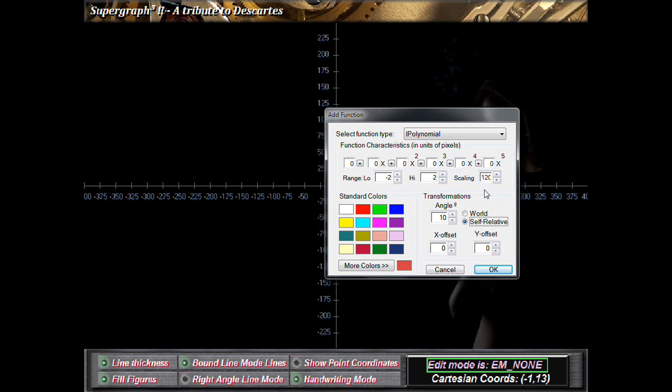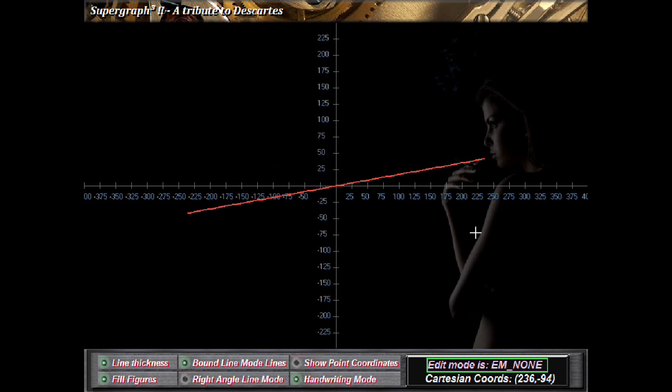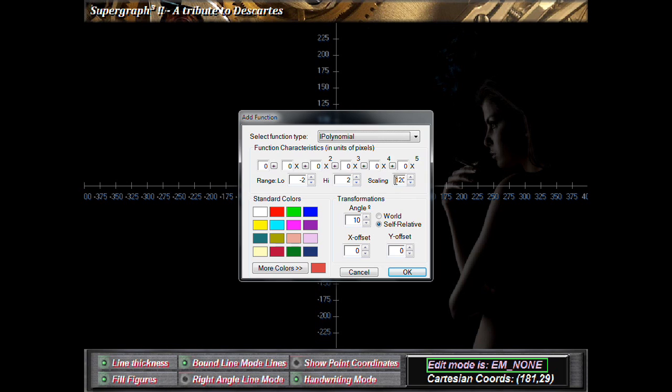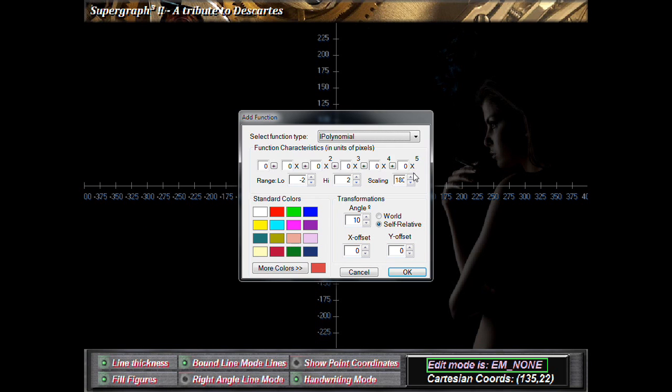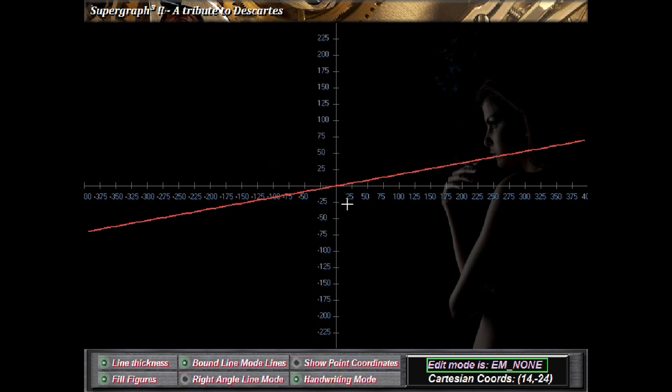Now, 10-degree angle, 120, how big is that? A little bit bigger, maybe 180, bigger. It should be 200 actually, almost 200. Okay, good enough. I'm going to call this first.